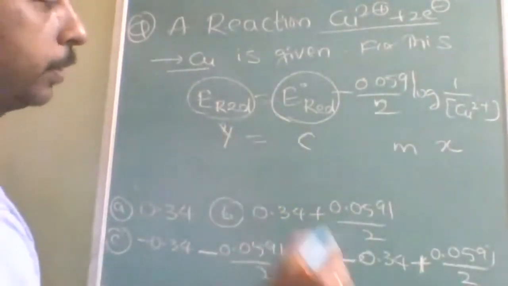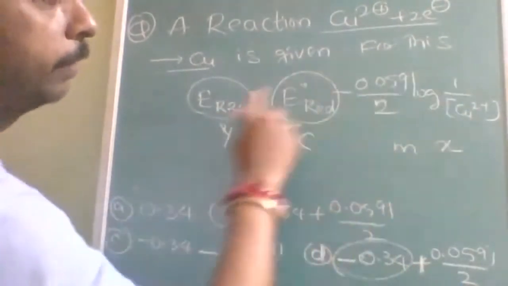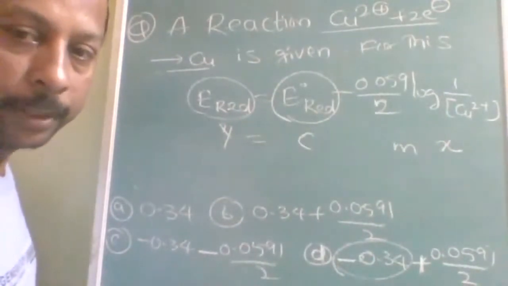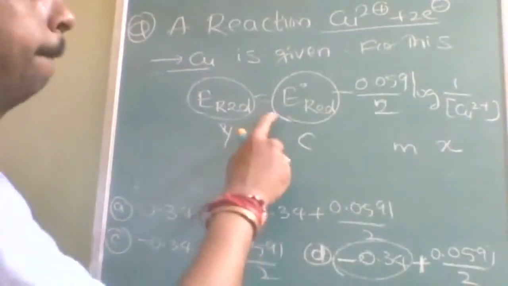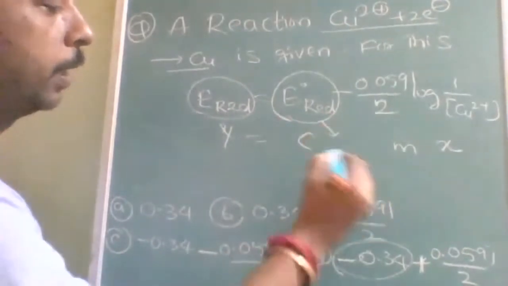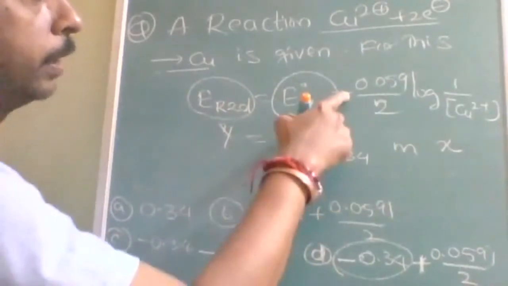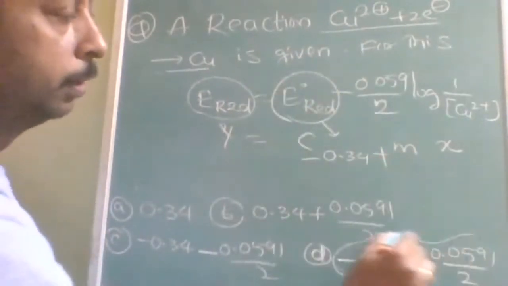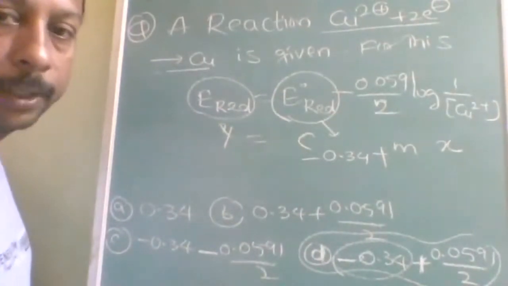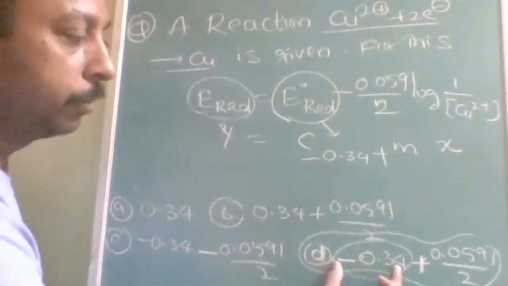Here the intercept is for reduction, but they are asking for oxidation. So you will multiply everything by minus, because oxidation potential is equal to minus reduction potential. This is already given as 0.34. So for oxidation it will be minus, and this already minus will become plus. So likewise you will get 0.0591 upon 2.